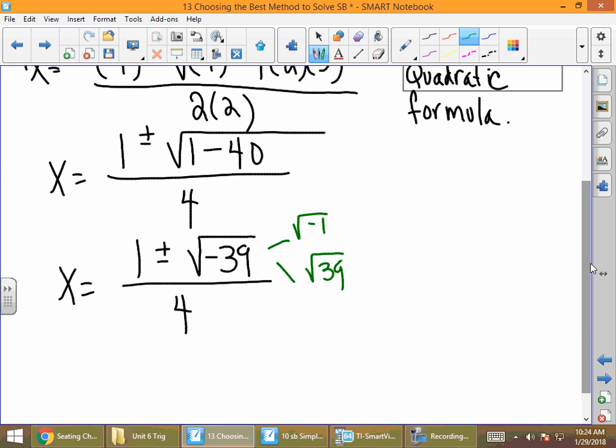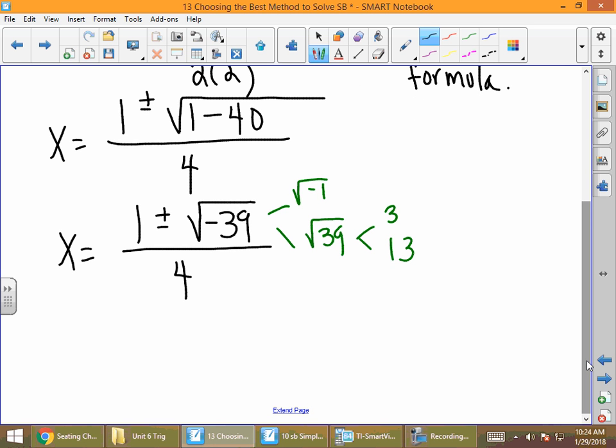What's the square root of negative 1 equal? It equals i. If we try to break down 39, it's 3 times 13. Do we have 2 of the same value to take out 1? We don't. So to finish this problem, we get 1 plus or minus i square root of 39, all divided by 4.